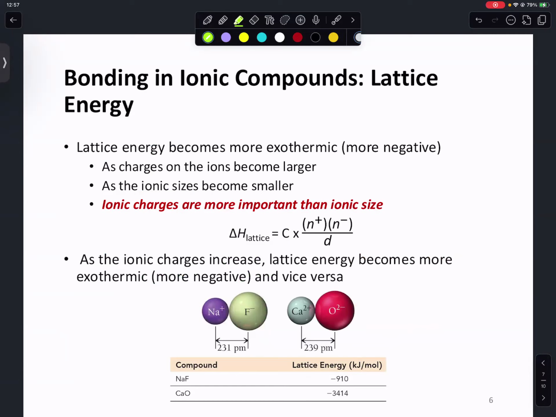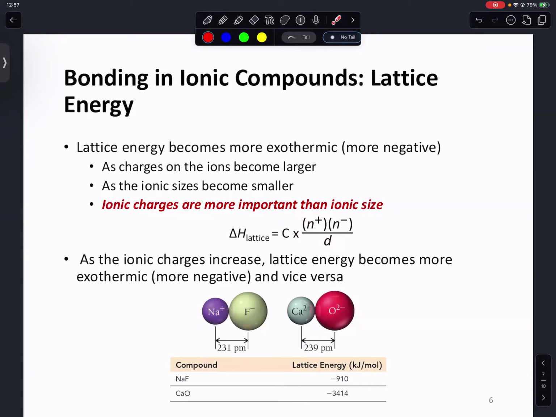Now, lattice energy can be given by this equation right here. C is the charge, n plus and n minus are the ionic charges, the cation and anion, and d is the interionic distance.